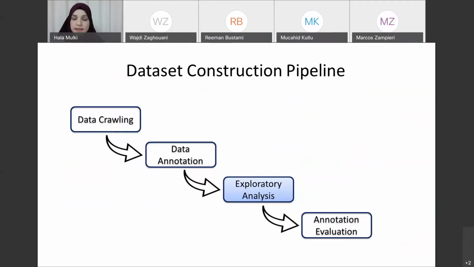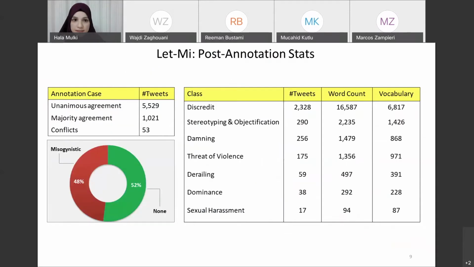Having the data annotated, now we are ready to explore our obtained dataset. We have a semi-balanced dataset between the general categories, the misogynistic category and the non-misogynistic, while the misogynistic behaviors were distributed within the misogynistic category as follows.